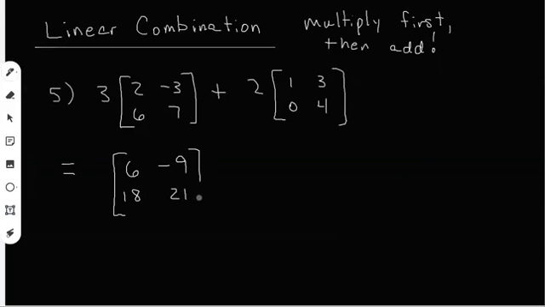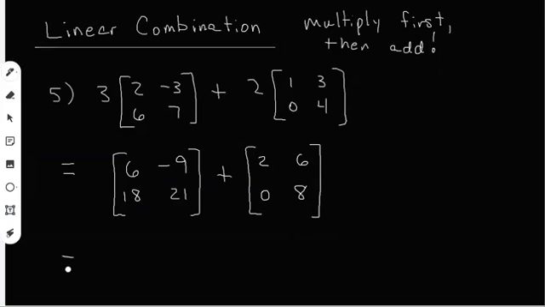So I multiplied everything by 3 first. Plus, okay. Now over here, I'm going to multiply everything on the inside by what's on the outside. So I need to multiply everything by 2. So I'm going to get 2 times 1 is 2, 2 times 3 is 6, 2 times 0 is 0, and 2 times 4 is 8. And I'll close that up.